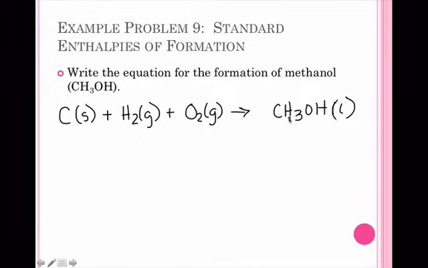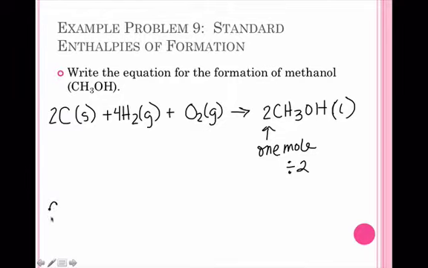Okay, so I look to balance: 1 carbon, 1 carbon. I have 4 hydrogens, but my O's are going to get all screwed up, so I'm going to throw a 2 in front of there to make my O's even. That changes my carbons to 2, and then I have 6 plus another 2 is 8, so I have to do 4 there. Okay, this only can be 1 mole though, so we're going to divide everything by 2.